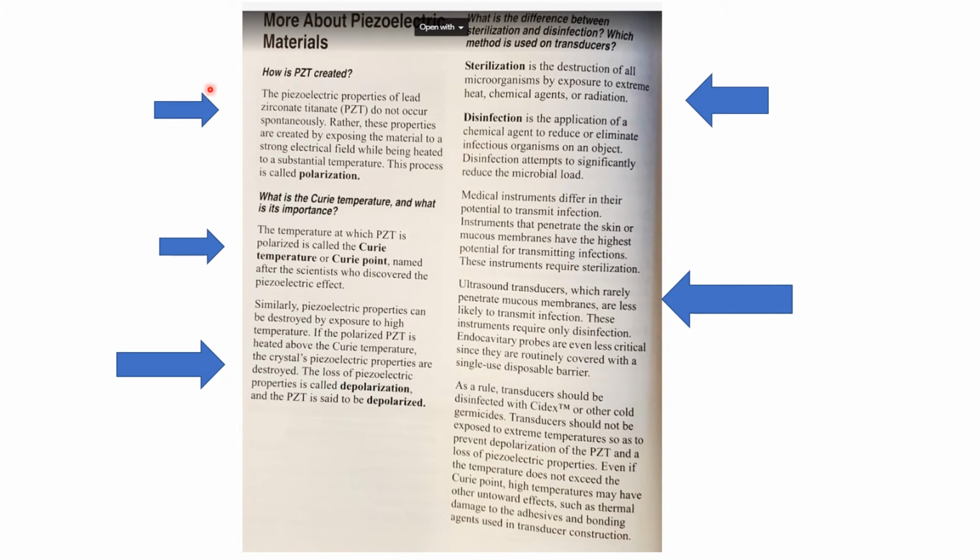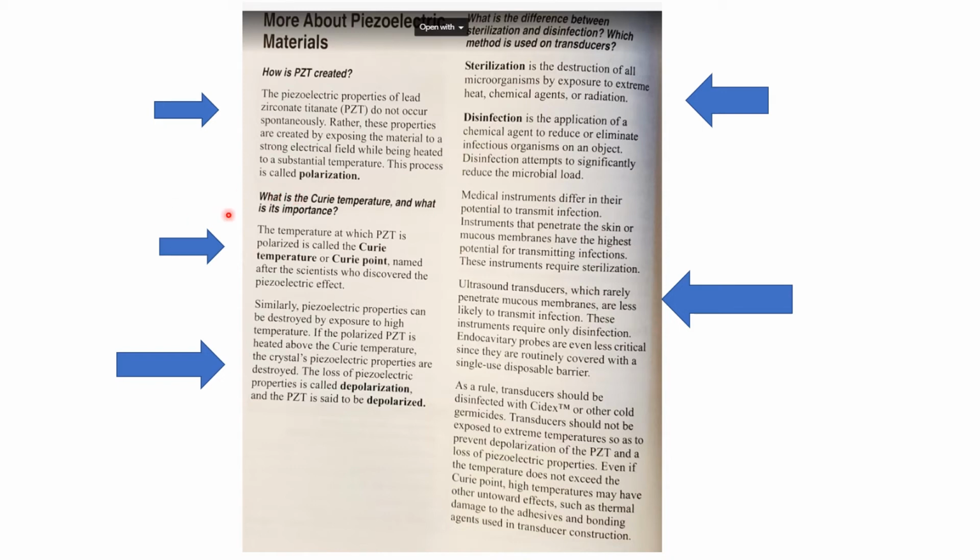Let's talk more about piezoelectric materials. So the properties of lead zirconate titanate, PZT, do not occur spontaneously. Rather, these properties are created by exposing them to a strong electric field, and this is called polarization.